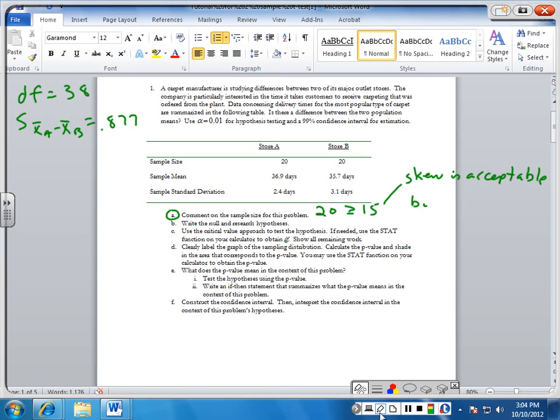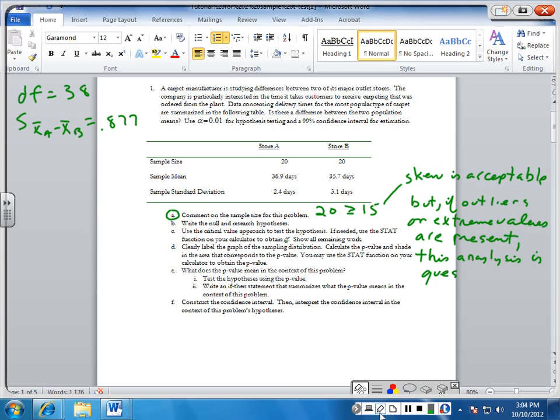But if outliers or extreme values are present or expected in the population, this analysis that we're going to do is, let's say, questionable.